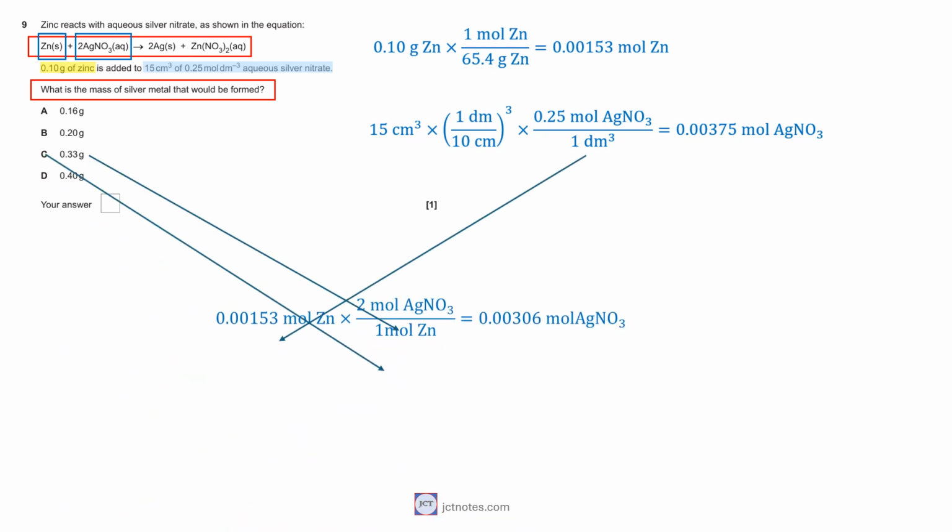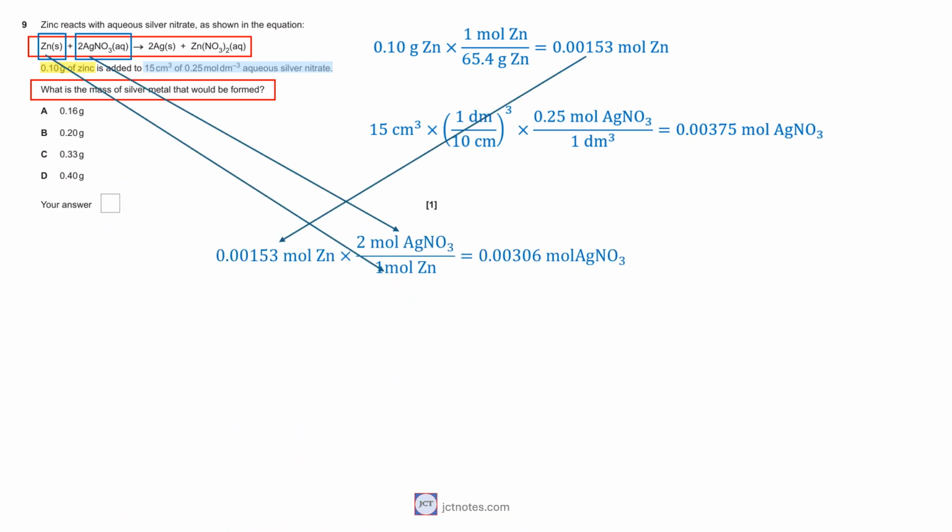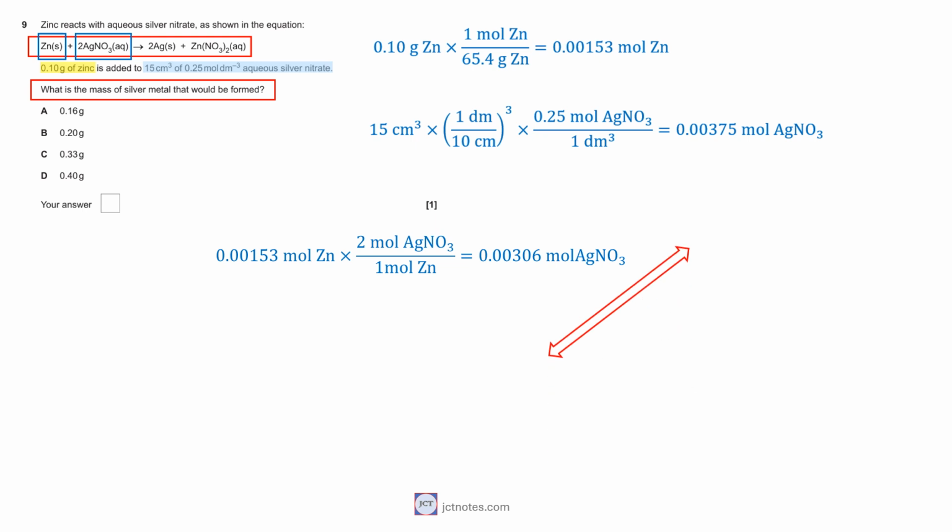This means that 0.00153 mole of zinc requires 0.00153 times 2 equals 0.00306 mole of silver nitrate. As we have 0.00375 mole of silver nitrate, more than the 0.00306 required by the zinc, the silver nitrate is in excess and the limiting reactant is the zinc.